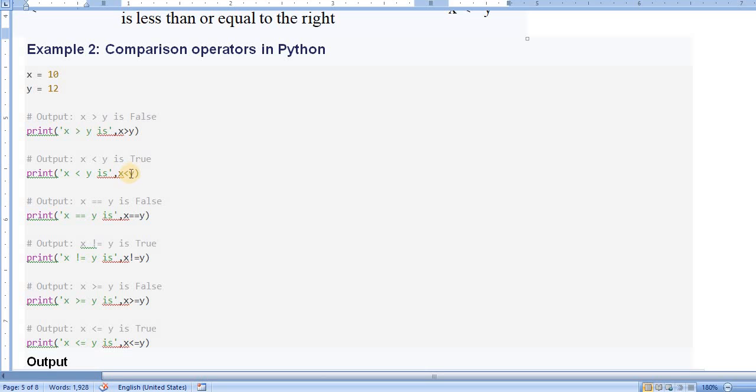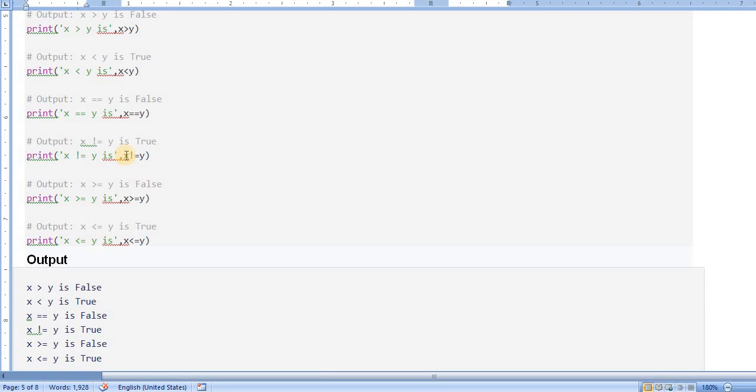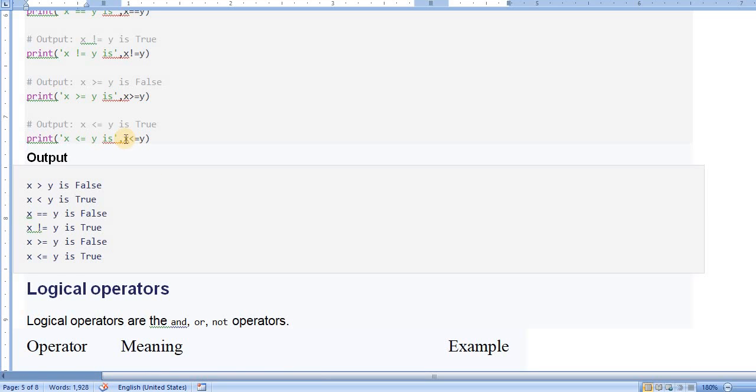Next, 10 is less than 12, yes, true. 10 is equal to 12, false. 10 not equals 12, yes, true. 10 is greater than or equals to 12, false, because 10 is neither greater than 12 nor equal to 12. 10 is less than or equals to 12. So 10 is less than 12, so the first condition is true, so it returns true.